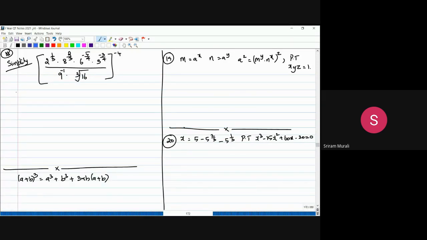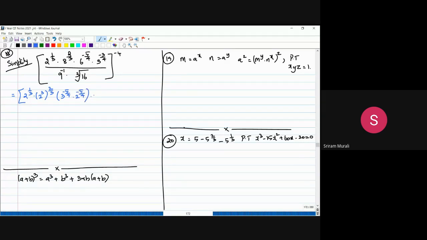Reduce it to the same base so that this will be equal to 2 power 1 by 3. Shall I write 8 as 2 cube, the whole power 2 by 3? Shall I write the 6 as 3 into 2? So this is 3 power minus 5 by 4 into 2 power minus 5 by 4.